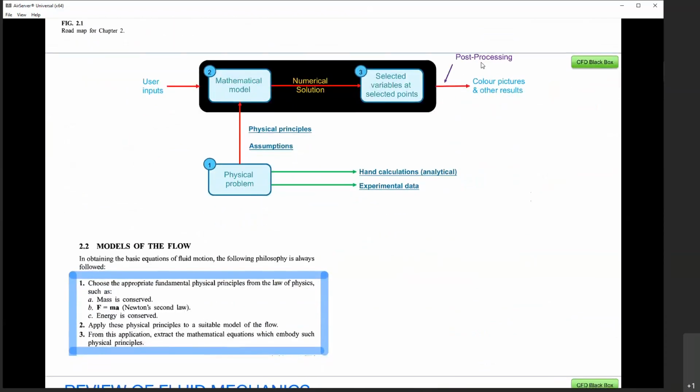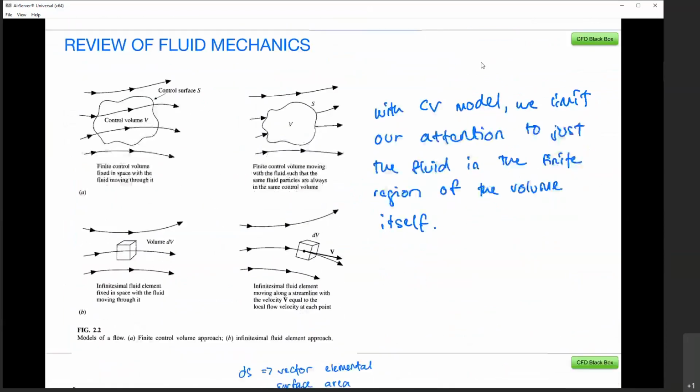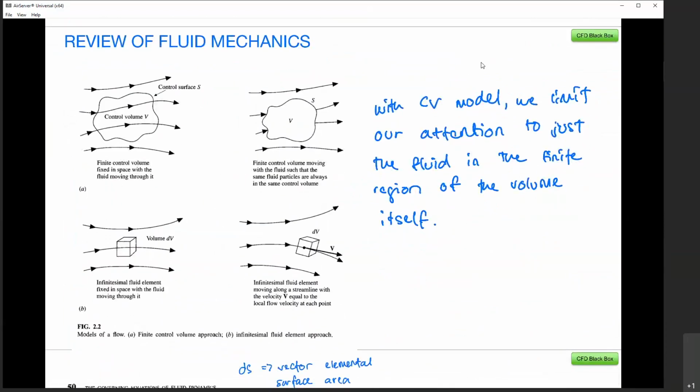All right. So we covered this before. This is from fluid mechanics. There are basically four models that we can look at. If we look from the first one in A, we have an element, the fluid element, which is defined as a control volume here. Let's give it a color.